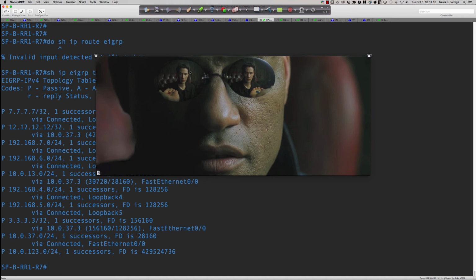We went down the distance rabbit hole and looked at the feasible distance and the computed distance, a new term, trust me, it's in the RFC, and that is what that number is. And the reason that the router keeps the feasible distance is loop avoidance, to make sure that it knows what the lowest metric was at some point in the past, so that it doesn't cause any loops.